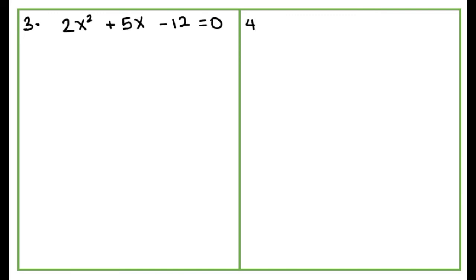And in the final example, we get x into x plus 6 equals negative 5. Now, similarly, as we have seen previously in example number 1 and 2, we have got to get this quadratic equation in factored form.